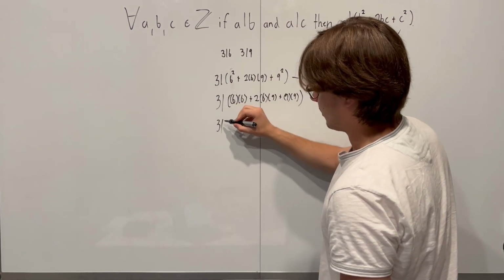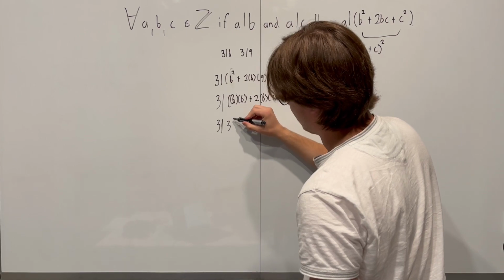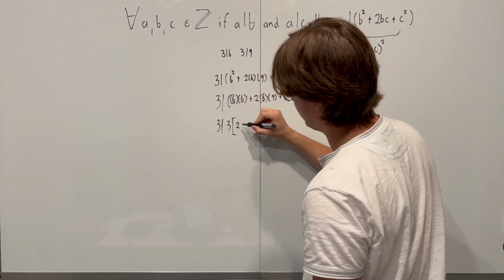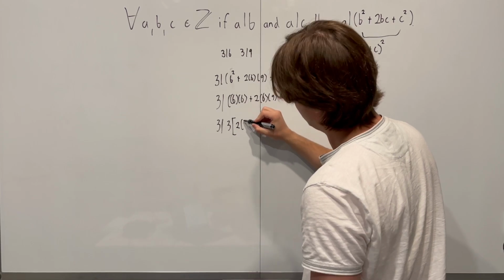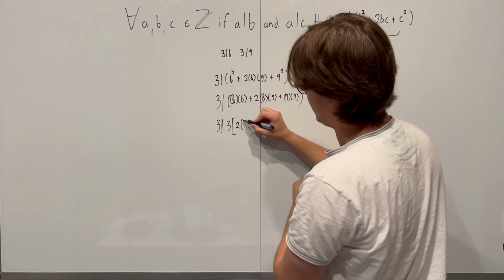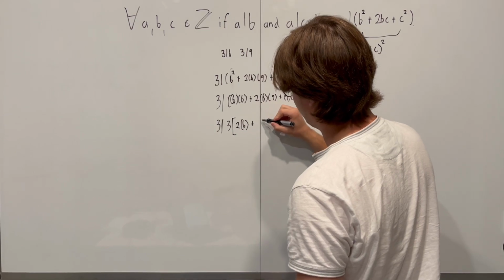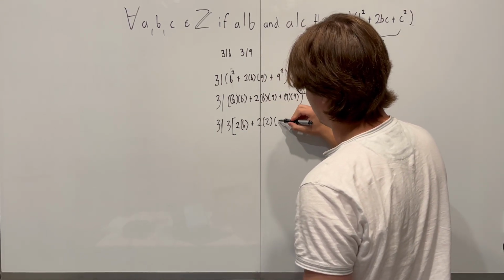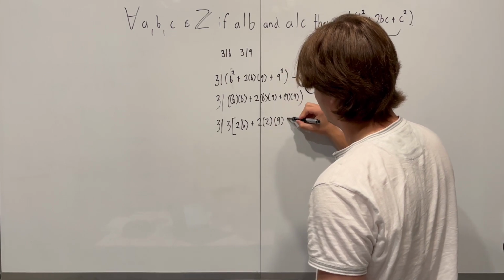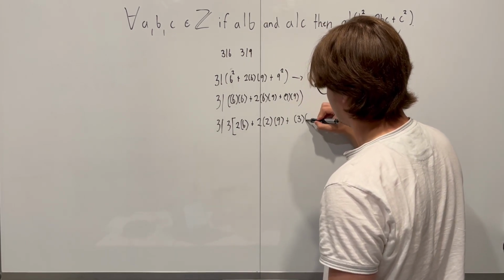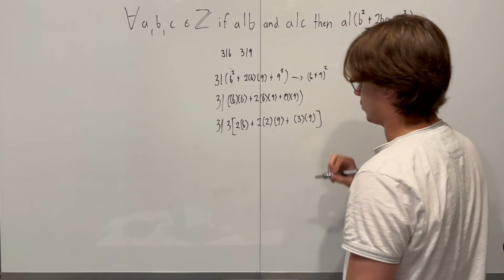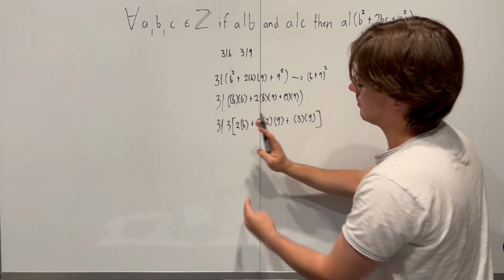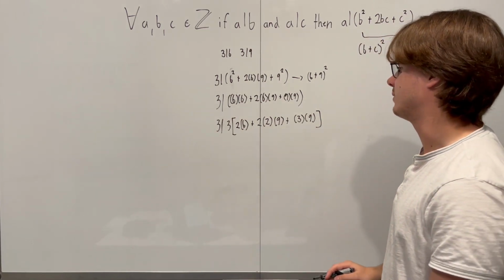We can definitely factor a 3 out here, because this is going to be the same as asking 3 multiplied by 2 times 6 plus 2 times 2 times 9 plus 3 times 9. So clearly it's true because we can factor out a 3. Everything here is going to be an integer multiplied by 3, so it's true that it is divisible by 3.